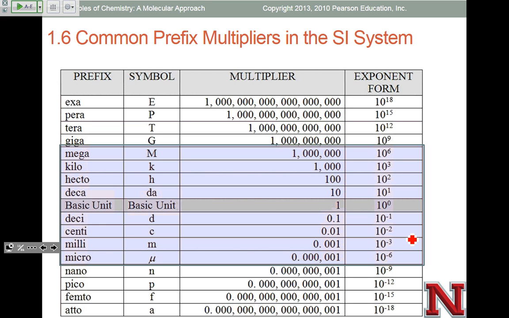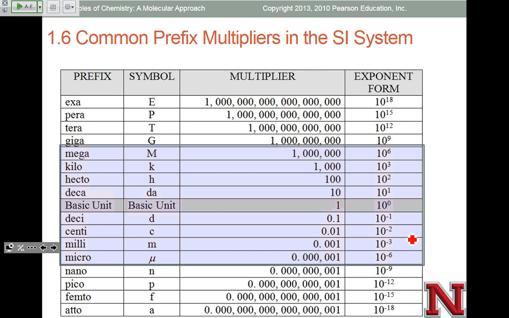You don't necessarily need to memorize it from this table. I've looked up a bunch of tables and they're all sort of confusing like this. But this table will help you to remember that deca, kilo, hecta, mega. Mega is pretty straightforward. They're all bigger than your base unit. And deci, centi, milli, and micro, those are all smaller than your base unit. So you have more decis in one.